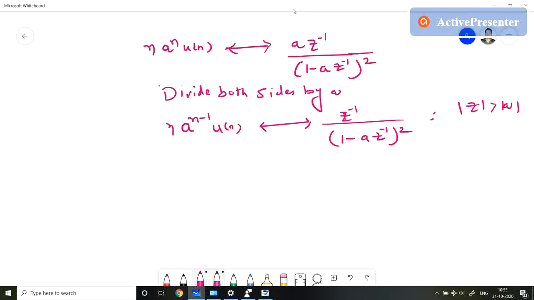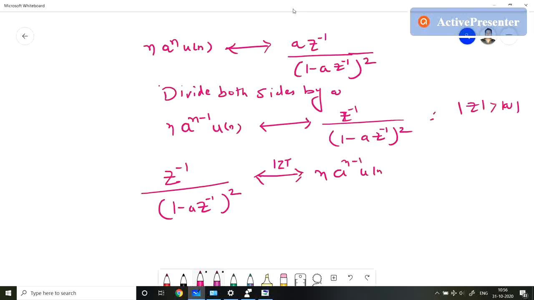Now our problem is to find the inverse Z transform of 1 divided by (1 minus a z inverse) whole square. So we can apply the shifting property. The inverse Z transform of z inverse divided by (1 minus a z inverse) whole square is n a raised to the power n minus 1 u[n].